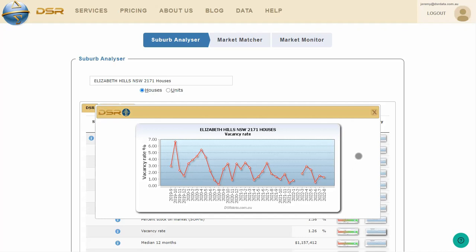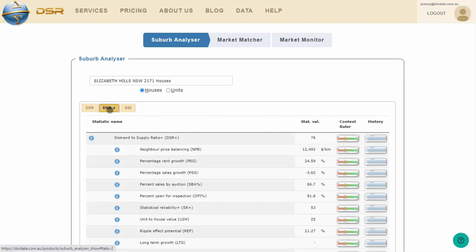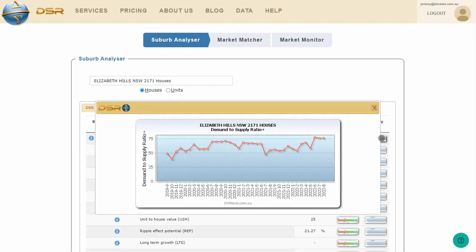The other metric I always check for volatility is the most important metric on the website, the demand to supply ratio, or the DSR Plus specifically. It's only available to Pro members. This metric combines 17 other metrics, so you'd expect it to be far less volatile than most other metrics. But this really is a thinly traded market, so you can still see some wild swings.